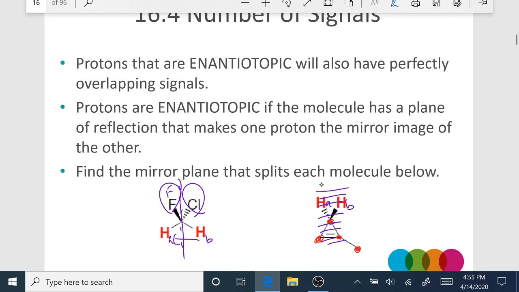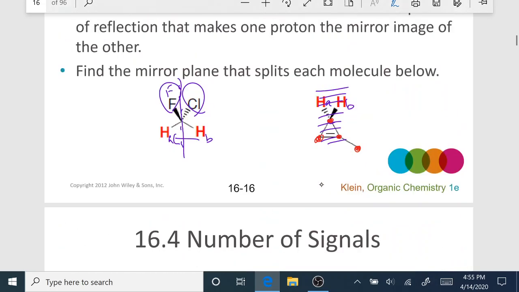So that's a little bit more challenging to observe the mirror plane in that molecule, but these hydrogens A and B are also enantiotopic, so they're going to give you the same signal in NMR.